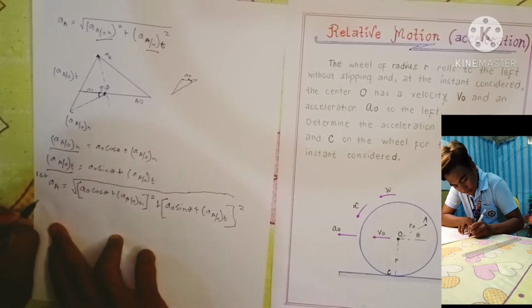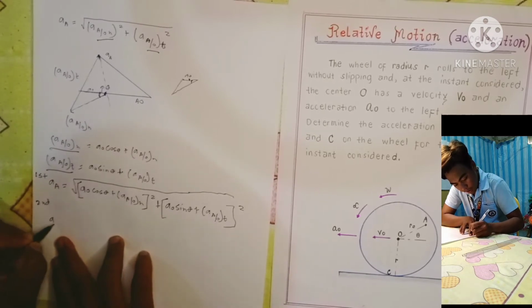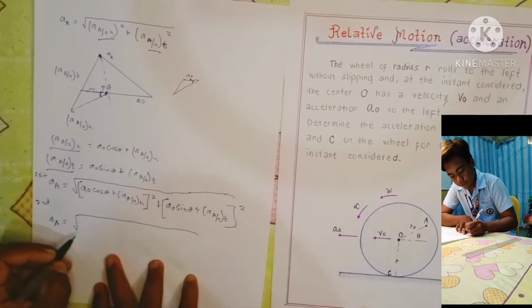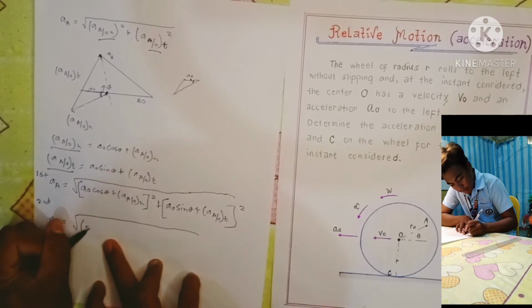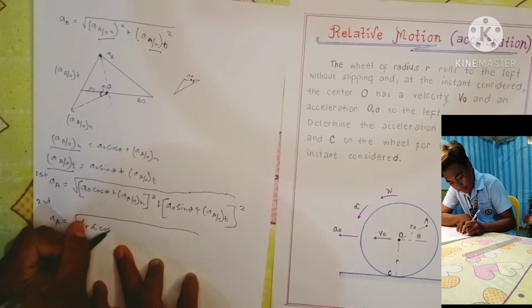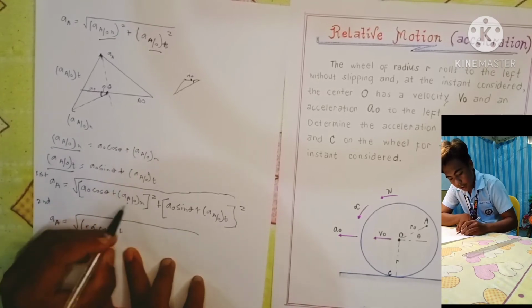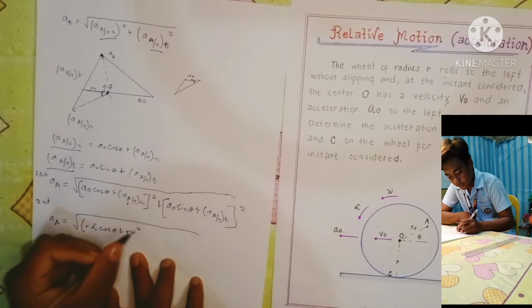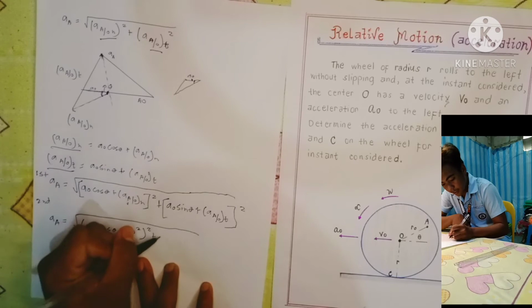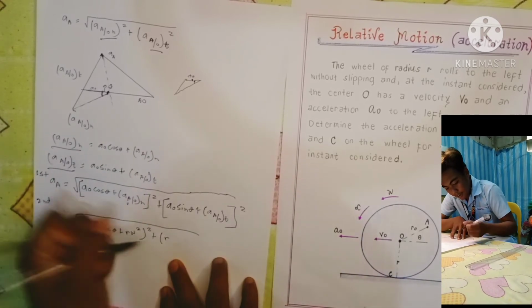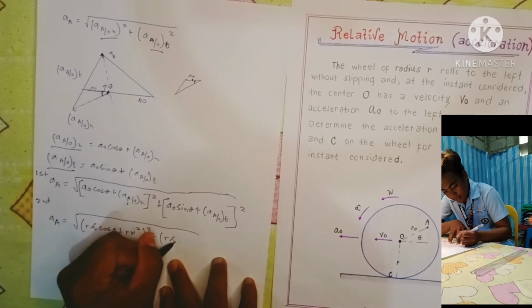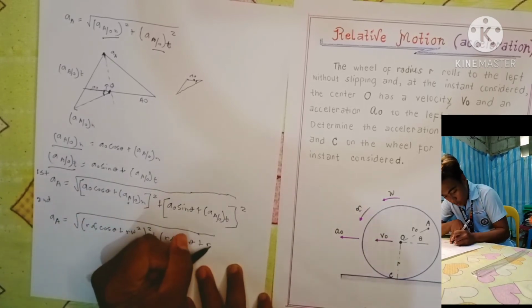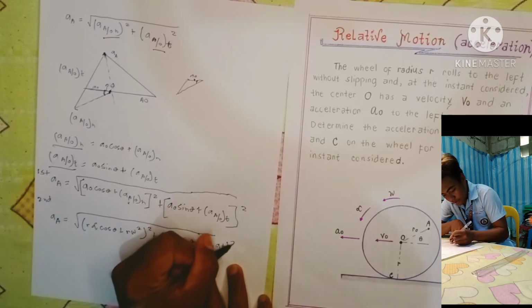And the second answer is the acceleration at point A, equal to the square root of (R relative acceleration times cosine theta plus this relative acceleration normal of A over O, which is equal to R W squared) squared, plus (R relative acceleration times sine theta plus R W squared) squared.